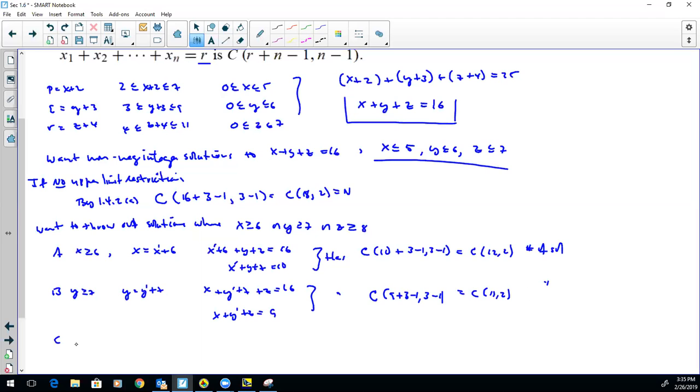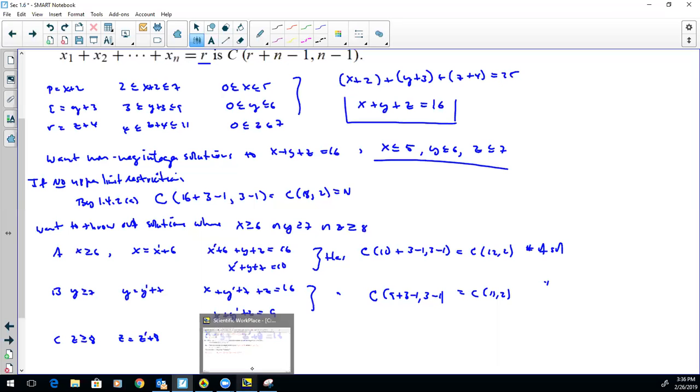Okay, and now we're going to look at the case when our z's are greater than or equal to 8. Okay, that's what we want to throw out. In that case, again, the way you work this problem is you redefine your z as something plus 8. So you'll have x plus y plus some z prime plus 8 equals 16. So that's supposed to be an 8 there.